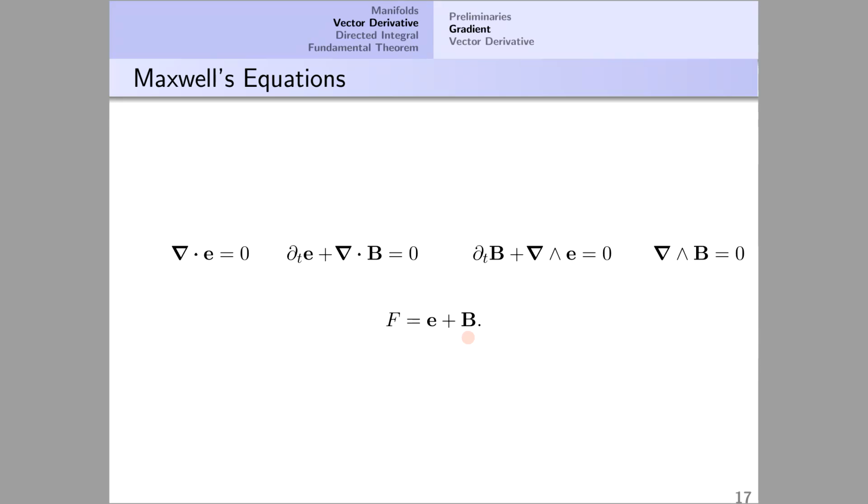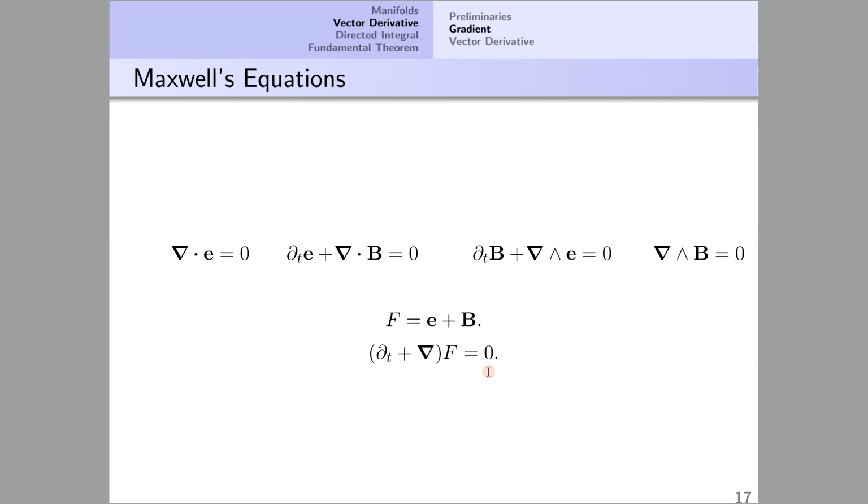Then I claim that the four Maxwell equations that you see are equivalent to this single Maxwell equation. And the proof is straightforward. This multivector has a scalar part, a vector part, a bivector part, and a trivector part, all of which are equal to 0.